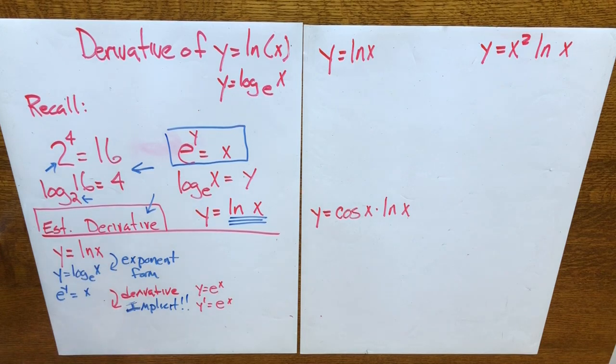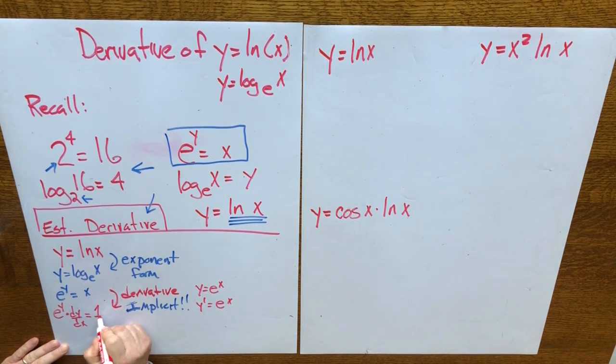So if e to the y equals x, then the derivative will be e to the y itself times the derivative of y, its exponent, dy over dx, equals, and the derivative of x is 1. Rearranging, we get dy over dx equals 1 over e to the y.